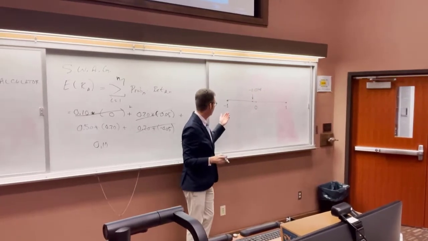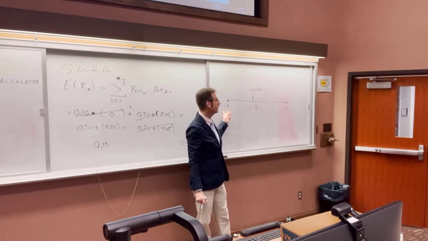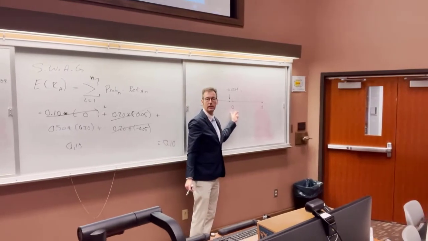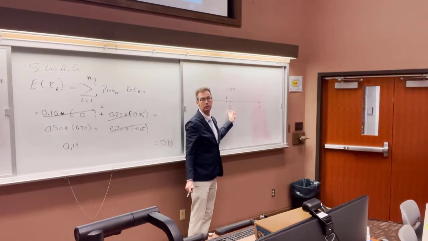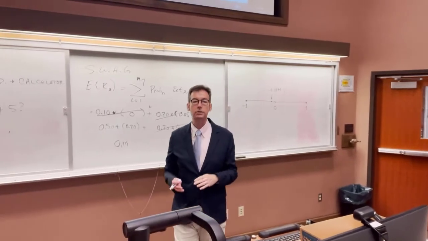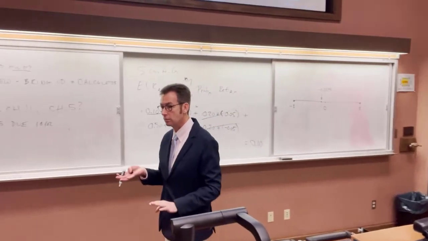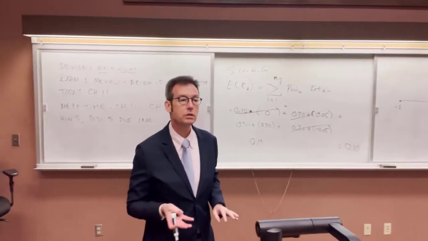So if I ask you, is this thing closer to being perfectly negatively correlated or being uncorrelated? It's closer to being uncorrelated. This is why calculating the correlation helps us to understand the relationship. We can interpret it, whereas we could not interpret covariance.